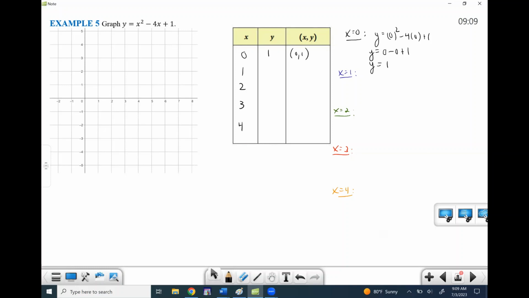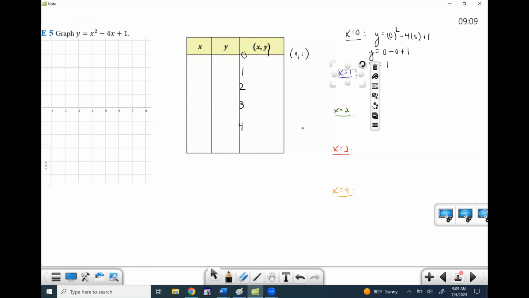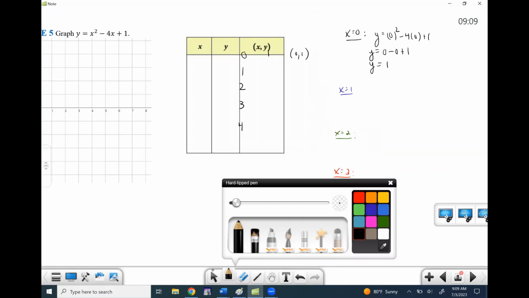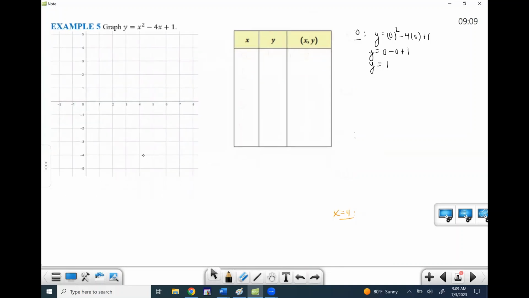So it looks like 0, 1 is going to be on the equation. Sorry, guys, let me move these down a bit and give myself enough space. Oops. Better write a little smaller next time. Okay. All right. Oops. Bring this guy back.